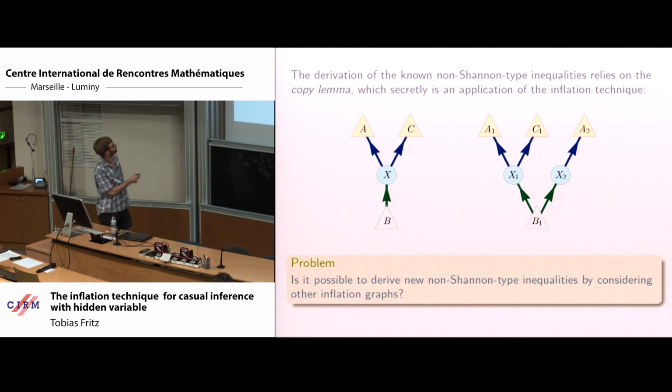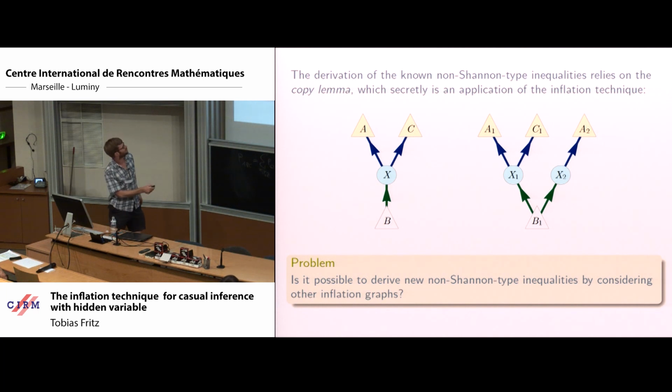So starting with a graph like this, you take some joint distribution for A, B, and C, and you put some hidden variable in between, and then one can look at an inflation graph that looks like this, where the x has been duplicated. And now if you look at a joint distribution here of A1, C1, A2, and B1, then this is the same distribution as one constructs from the copy lemma.